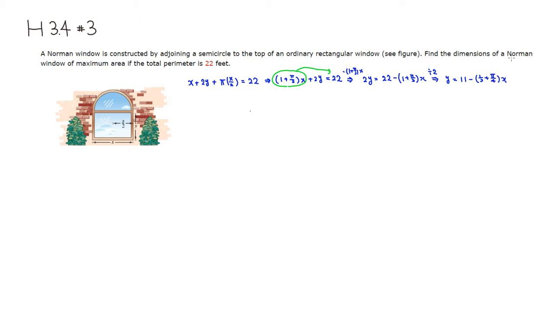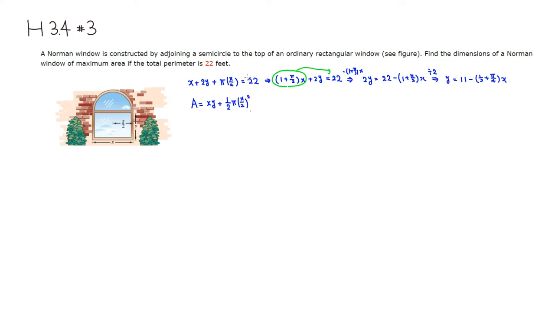Right? Then we want to maximize this area. So area is going to be the bottom part, x times y, so base times height, plus the top half, the semicircle part, which is going to be 1/2 pi r squared. Radius is x over 2, squared.